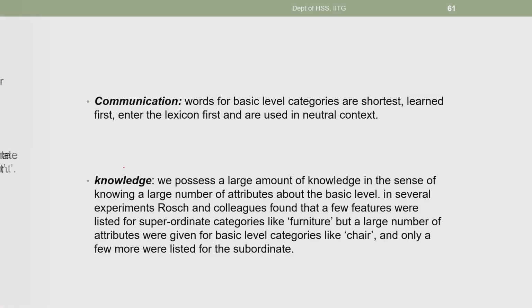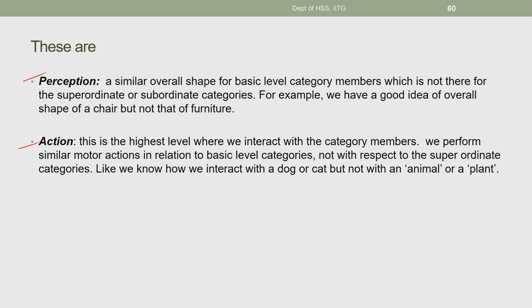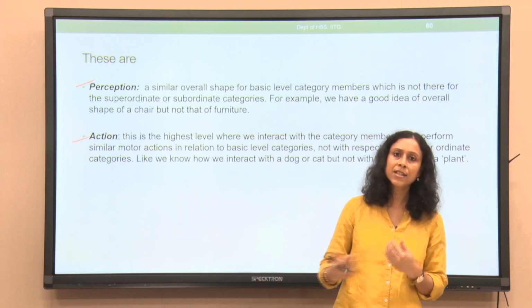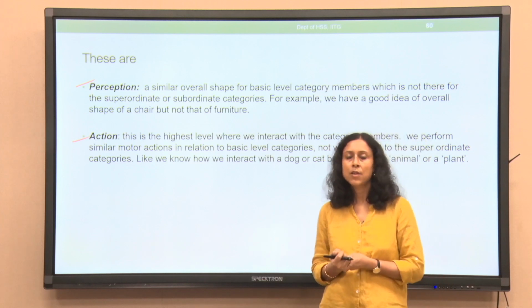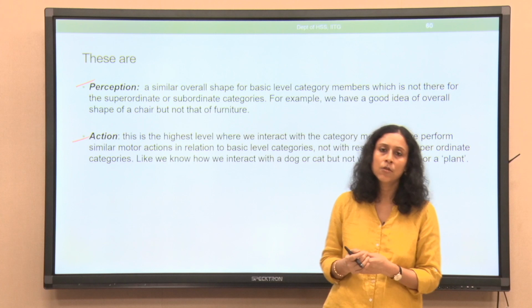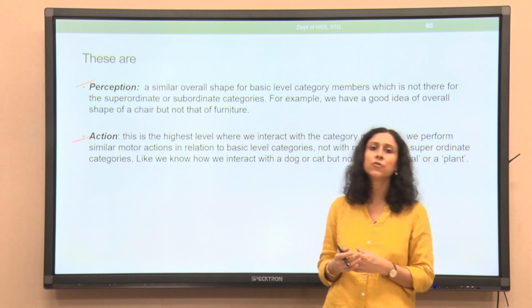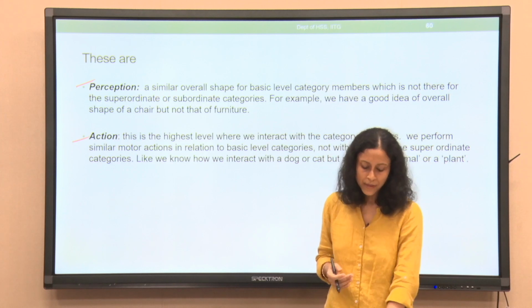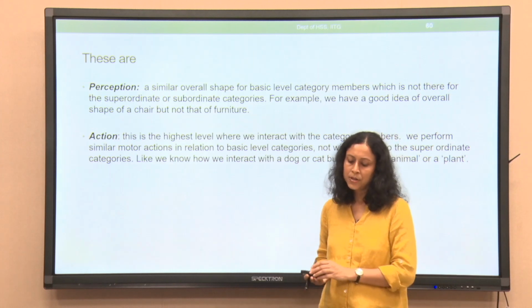So, this is where we have more connections. We have a better idea about an object at the mid level as opposed to both the highest and the lowest object. Similarly, in terms of action, as in how we engage with a particular category, you can easily talk about what you do with a car as opposed to what you do with a limo, or as opposed to a vehicle and so on.